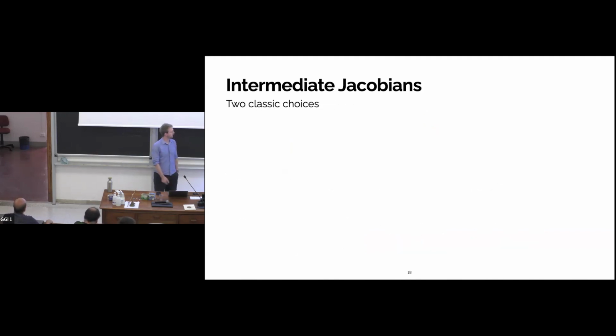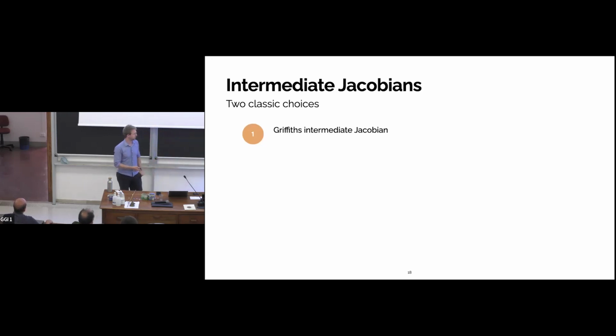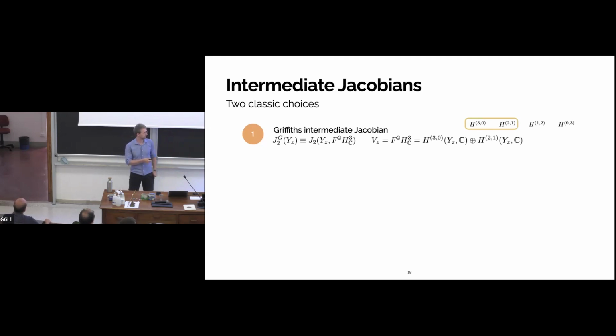Okay, so now we have intermediate Jacobians, but now we have to make a choice, because we want to figure out what complex structure we have to use. And there are two classic choices for this. First, the so-called Griffiths intermediate Jacobian, where you pick as this half-dimensional space the two cohomology groups, H30 and H21, and this has some nice properties.